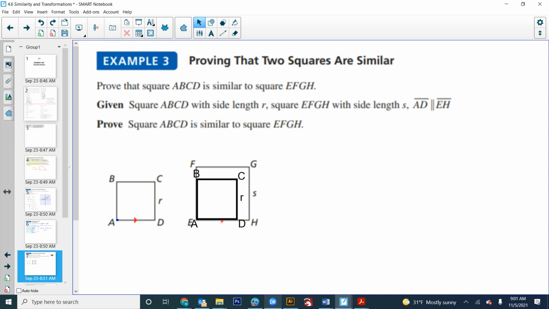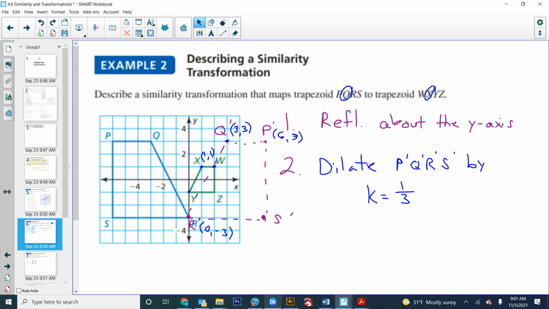Isn't that exactly what we just did here? Didn't we just show a translation and then a dilation mapped it onto the new one? And they're similar? Why? Because they had a scale factor. Does that make sense?